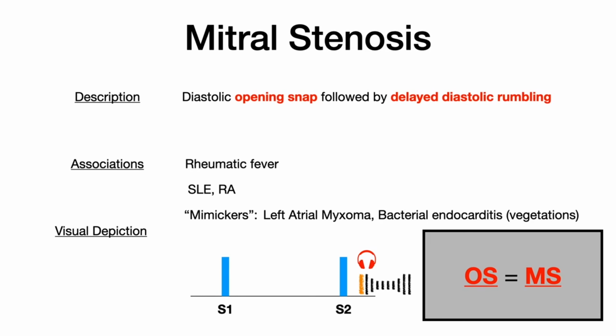And as you should know at this stage in your medical education, blood, or any liquid really, wants to flow from high pressure to low pressure. So it wants to flow from the left atrium, which is higher pressure, into the left ventricle, which is in ventricular diastole, which is lower pressure. Now, because the mitral valve is stenotic, it's not going to open up until the pressure in the left atrium greatly exceeds the pressure in the left ventricle.